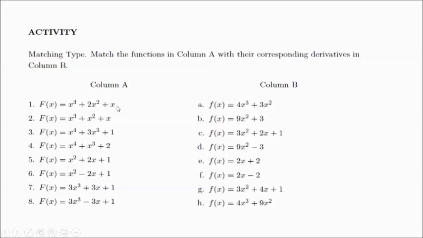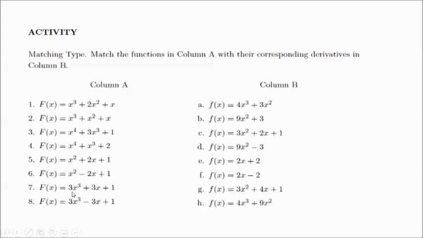Power rule. So these are polynomial functions. The derivative of this one is 3x squared plus 4x plus 1. So letter G. And then number 2, 3x squared plus 2x plus 1. Okay? So this is what we discussed before.